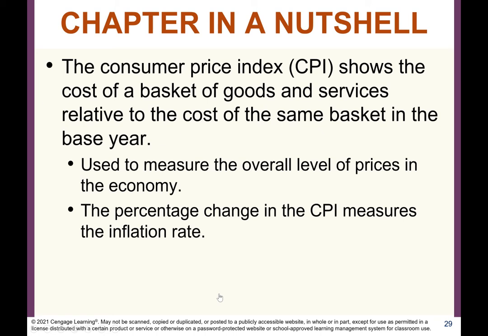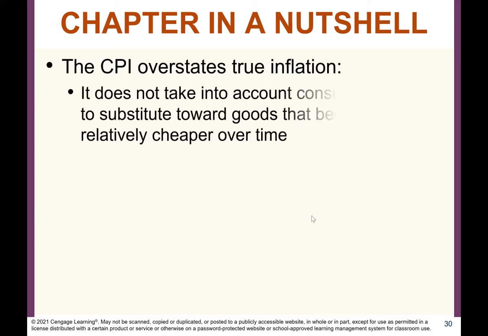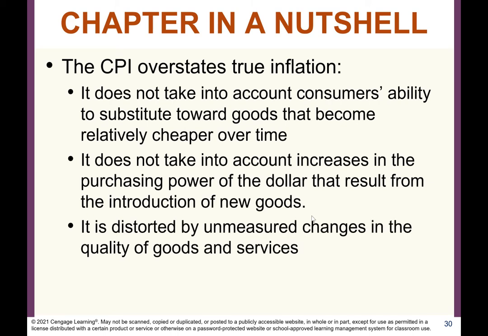Chapter in a nutshell. The Consumer Price Index, CPI, shows the cost of a basket of goods and services relative to the cost of the same basket in the base year, used to measure the overall level of prices in the economy. The percentage change in the CPI measures the inflation rate. The CPI overstates true inflation.